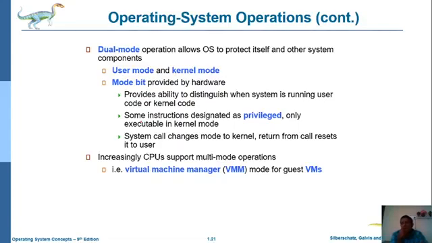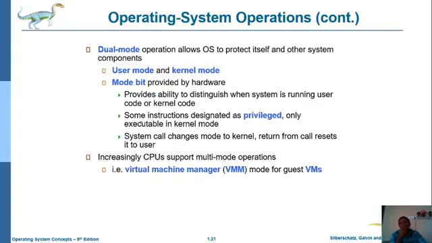If a specific operation is allowed only in the user mode, or only performed by the kernel mode, so any one mode, then we call it a single mode operation. If it is performed by both modes, then we call it a dual mode operation.